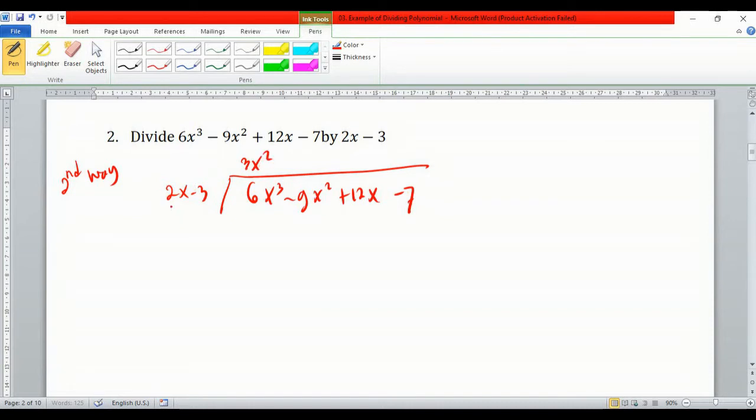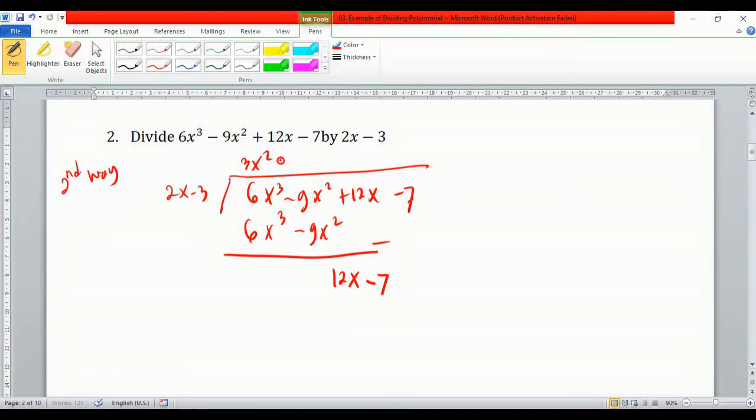You multiply again, so this gives 6x power 3 minus 9x squared. You subtract each term, so it is 0, and what is left is 12x minus 7.